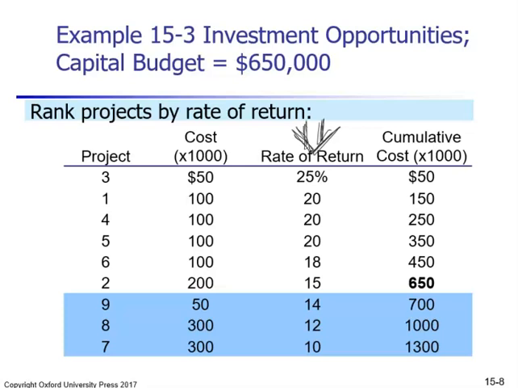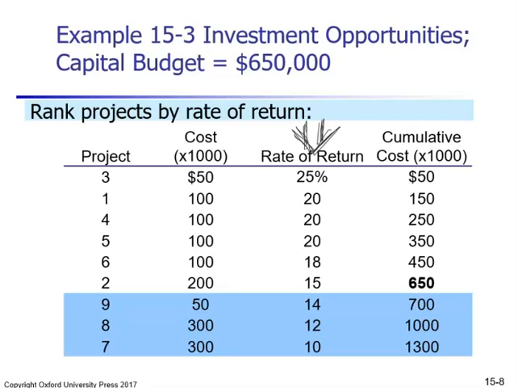As you can see here, it starts from 25% and goes 20, 20, 18, 15, 14, 12, 10. So we start with project 3. It is the most attractive one because it has the highest rate of return, but still there is no guarantee we can invest in this project because we need to make sure we have the money.